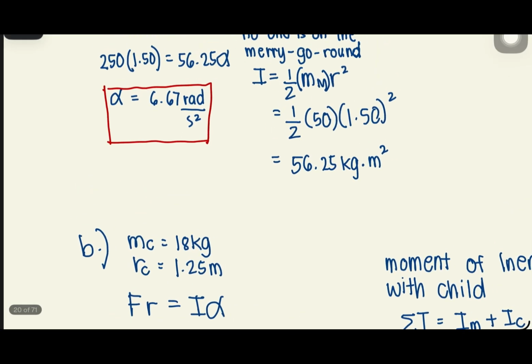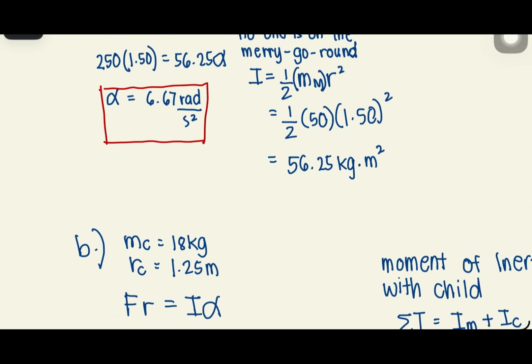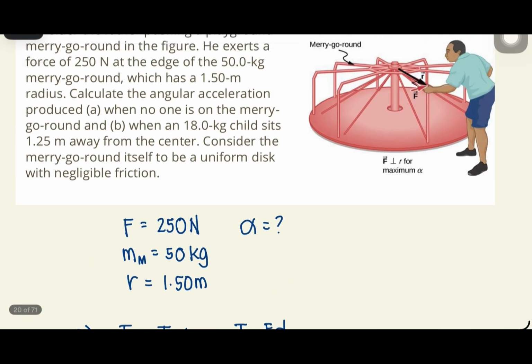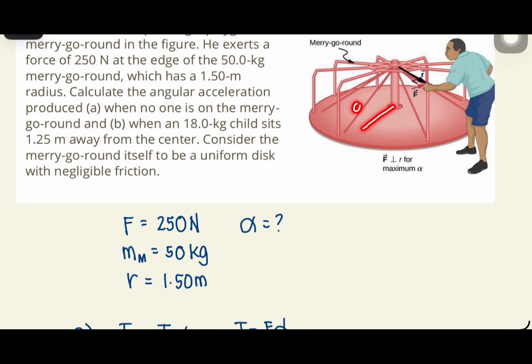Now let's move on to part B. So here we have another parameter where meron na pong mass yung child. So from 1.25 meters, meron daw nakaupo ng child dito. So kaya sali siya sa moment of inertia kasi magkakaroon siya ng mass dito. So may resistance siya sa angular acceleration.